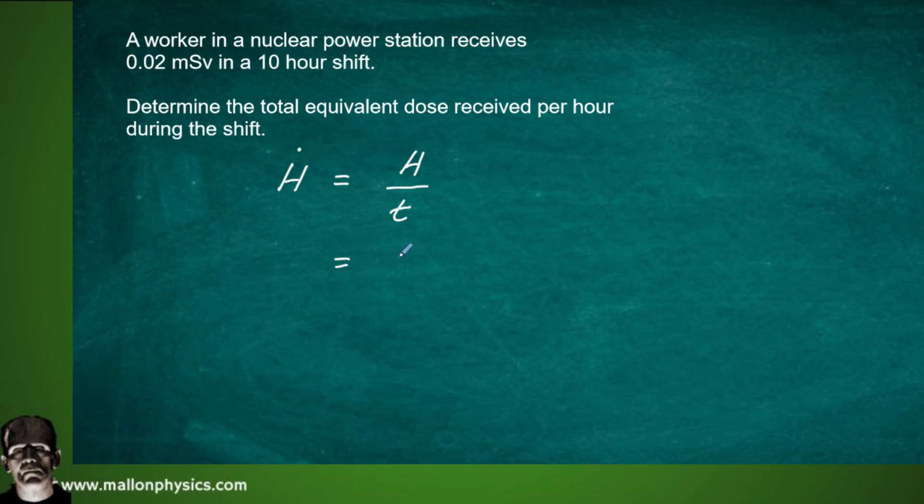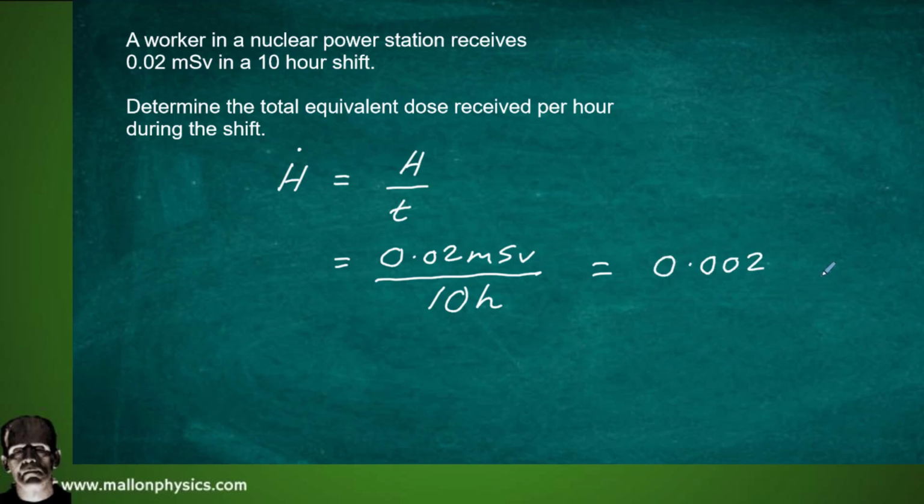So that's going to equal, in this case, 0.02 millisieverts, divided by the time it took to receive that dose equivalent, and that's 10 hours. So there we have our answer, which is much more informative: 0.002 millisieverts per hour.